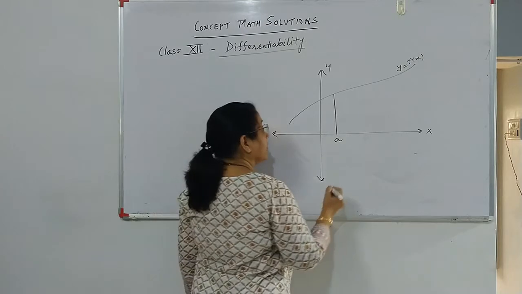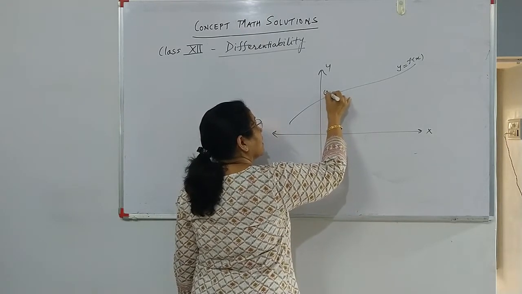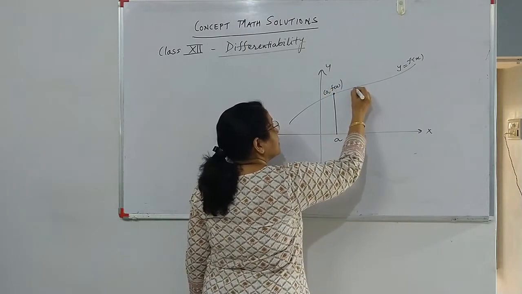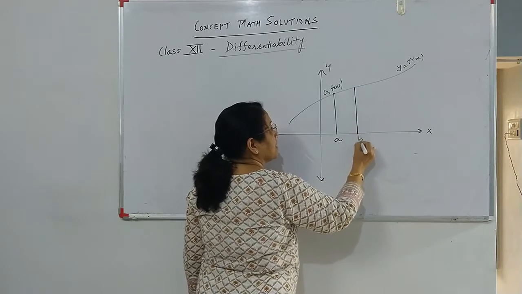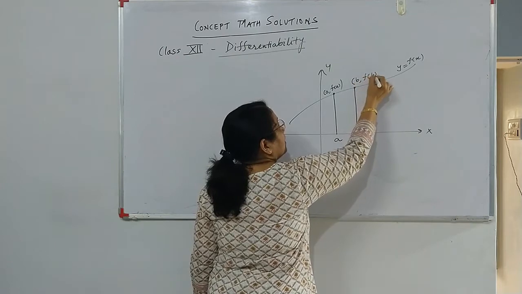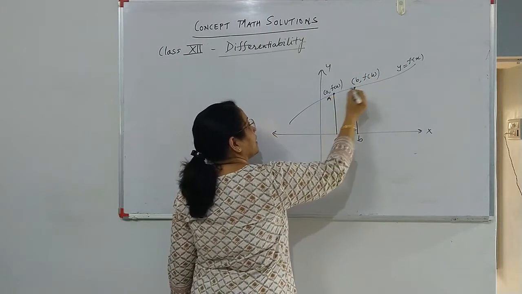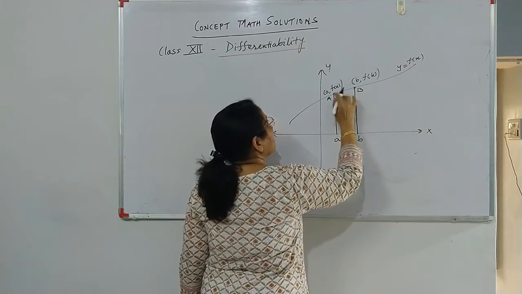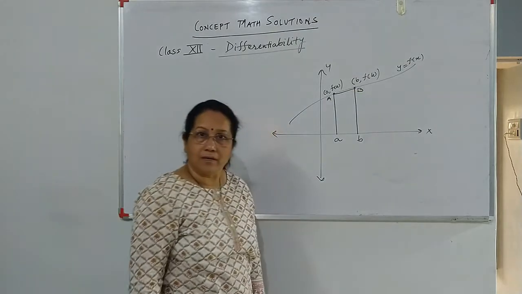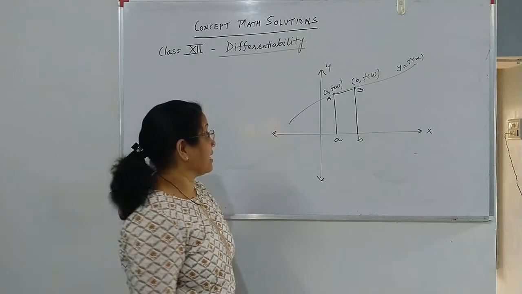If A is this, then we know this is A, f of A. And suppose this is the point B. So we know this is B, f of B. Now if I name this point as capital A and this as B, then AB is the secant line for the curve. It cuts the curve at two distinct points.